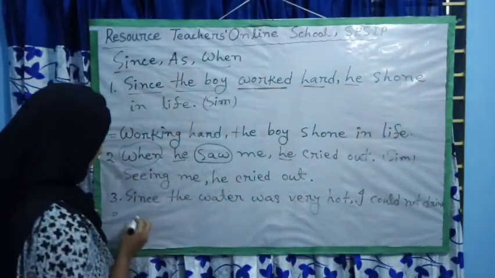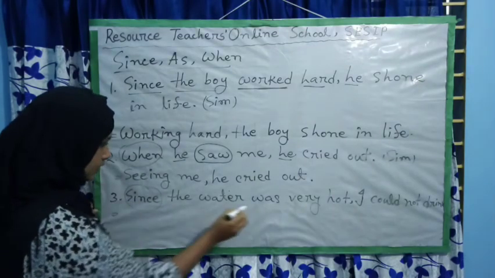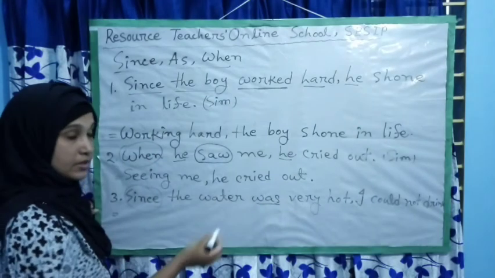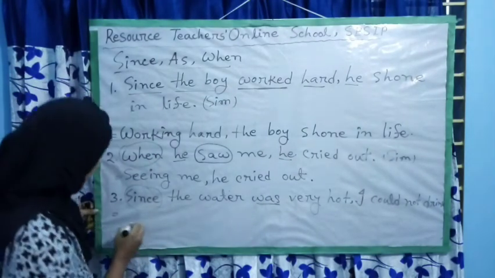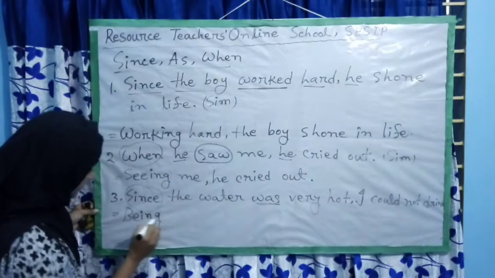Notice, my students, since. Without since, we will write there is was. If there is am, is, or was, were, we have to write being. Instead of was, we have to write being.